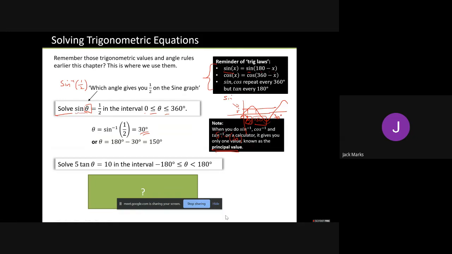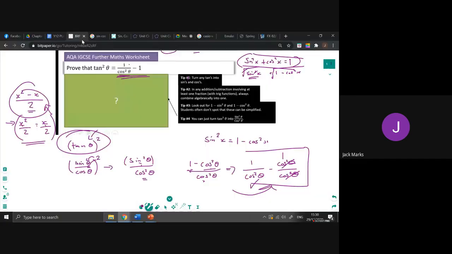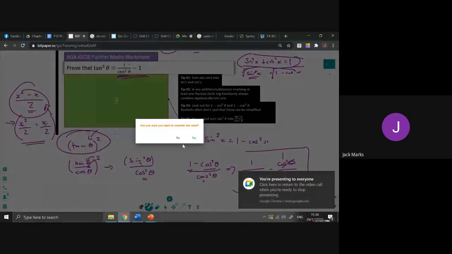So let's do another one. With tan, it's going to be a good idea to do a graph. So something like this, from minus 180 to 180. Well, that's quite a big spread actually. Maybe it'd be better to use our sketch from before.